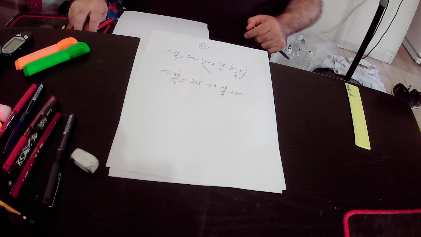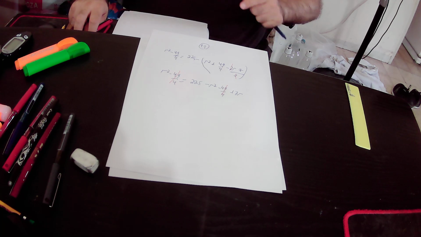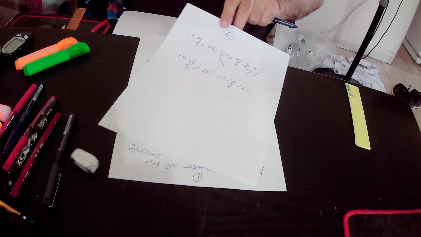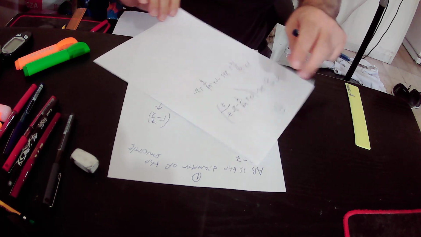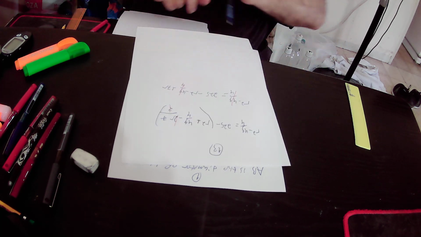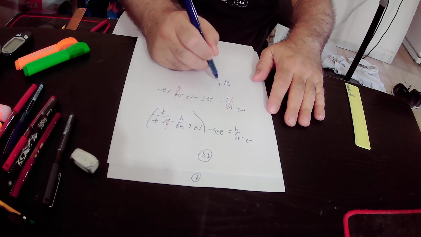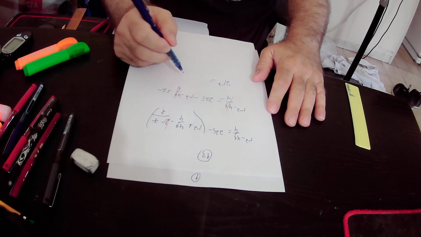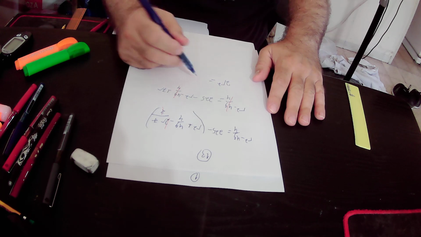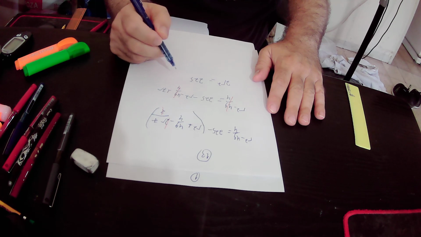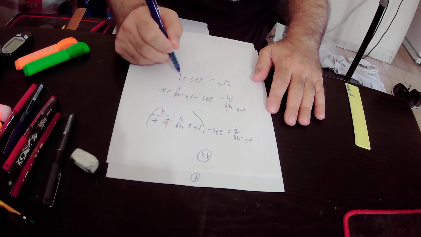Here we will add R square to this equality, and we will get that R square plus R square is 2R square, equals 225 plus 7R.